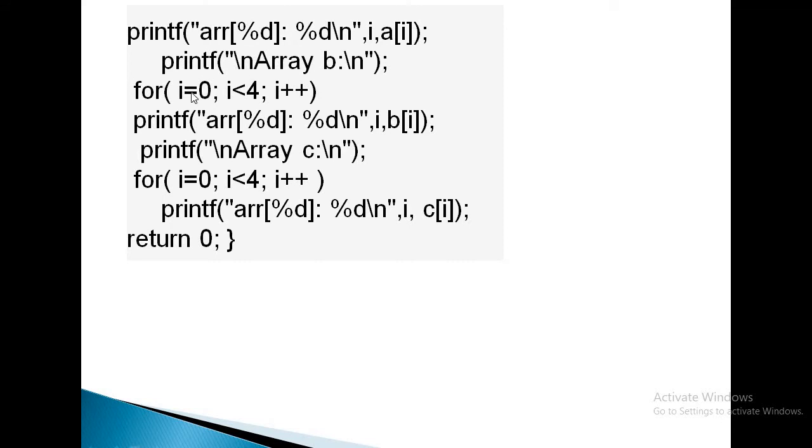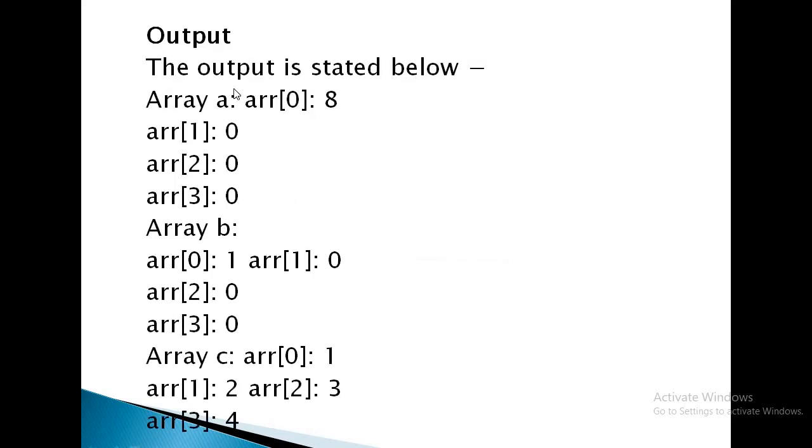Here we have the for loop i equal to 0, i less than 4 and i plus plus, because the size 4 has been fixed for all the arrays. And then we invoke b[i], and then this for loop is used for the third array. So see this output. For array A, the zeroth position is 8.